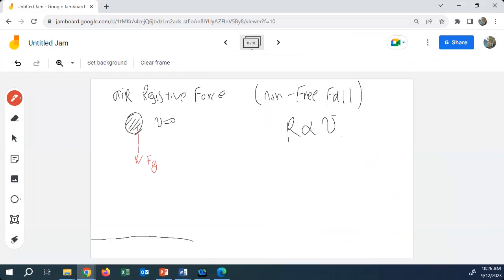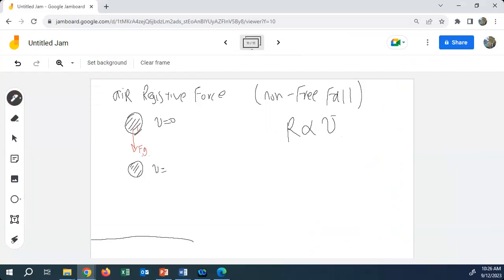One second later, let's draw this small. One second later, what happened to the velocity? Let's say one second later we are here. What is the velocity?